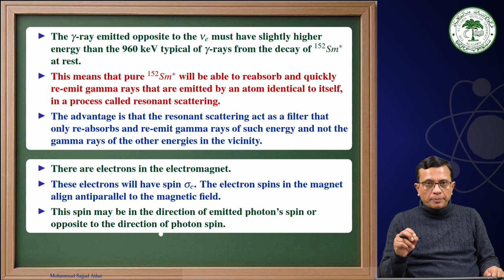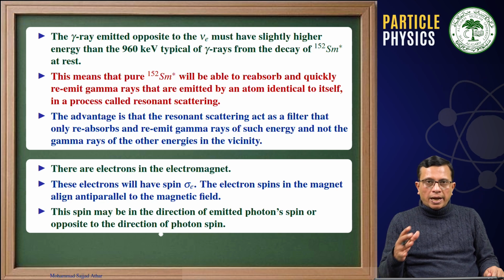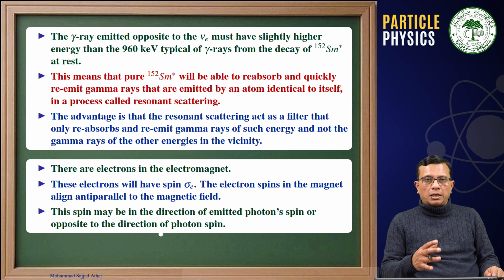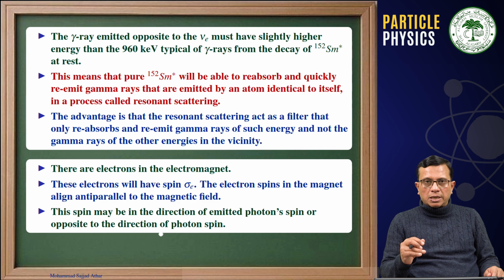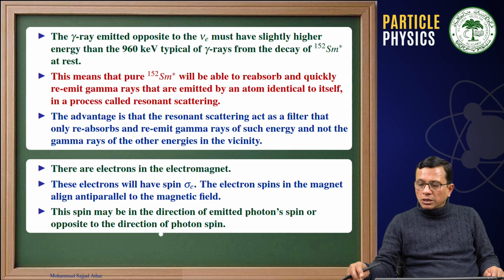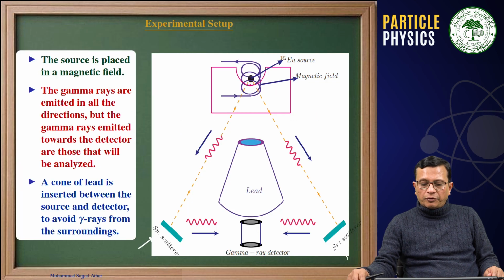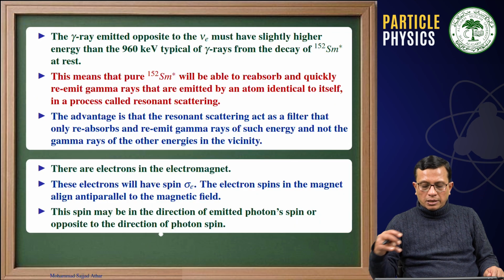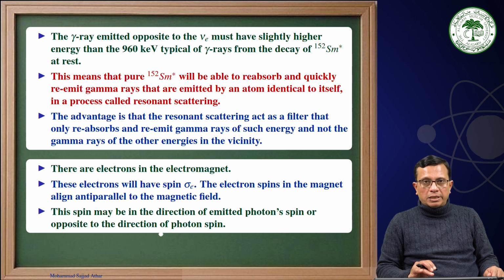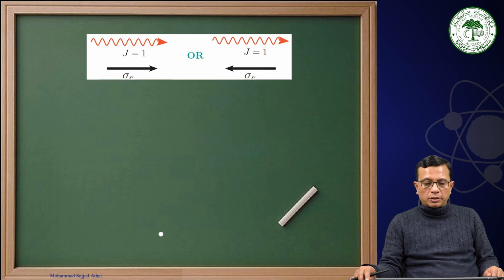See here, what I am telling you is that the magnetic field and the spin direction of the electron in the magnet are oppositely directed. Now the photon does not know about it. Therefore, the photon which is being released will be either in the direction of the spin of the electron, or it can be opposite to the direction of the spin of the electron.